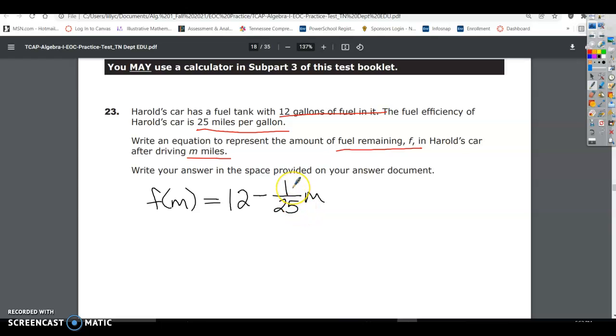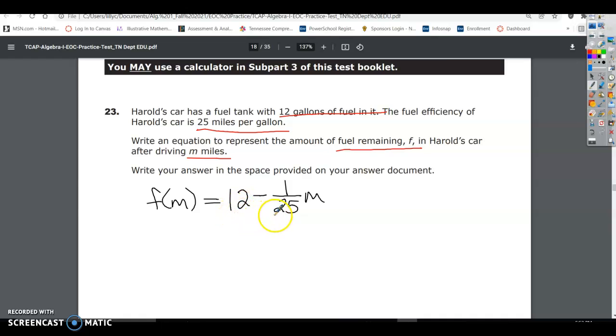So if you drive 25 miles, 25 divided by 25 is 1. So we would have 1 gallon less if we drove 25 miles. Let's say we drove 50 miles. 50 divided by 25 is 2 gallons of gas. So 12 minus 2 gallons of gas, after 50 miles, we would have 10 gallons left.